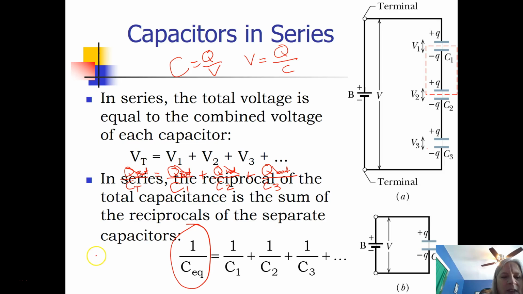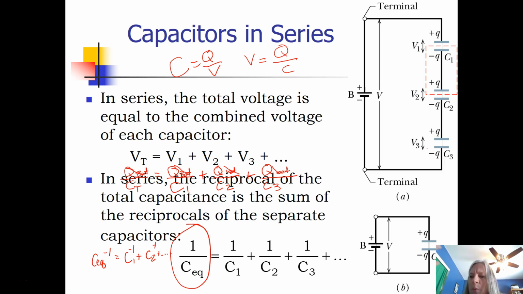So another way we could write that is 1 over C_EQ is equal to 1 over C1 plus 1 over C2 plus and so on. So the sum of the inverses of each capacitance is equal to the inverse of the total capacitance, which we call C_EQ. The sad part about this is that if I put them in series, I'm going to actually reduce the amount of capacitance I have in my circuit.